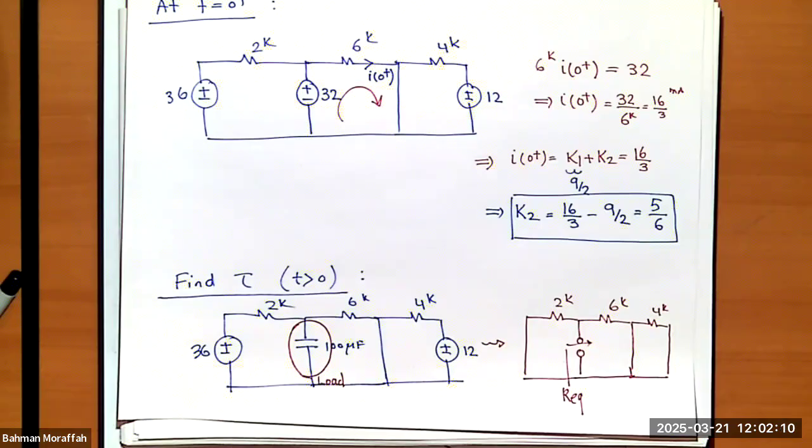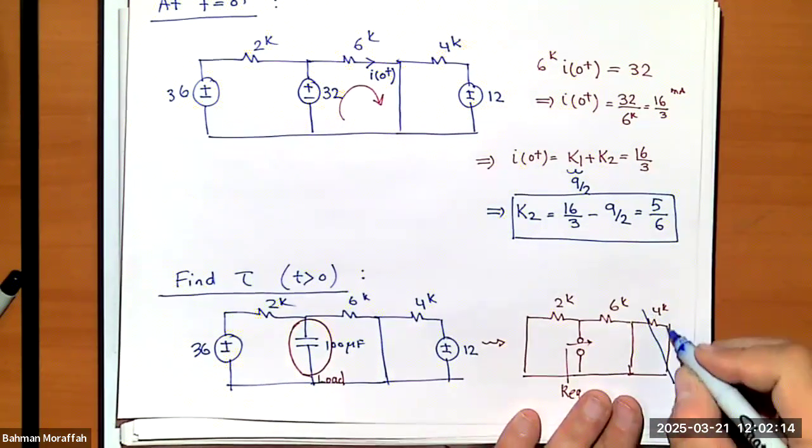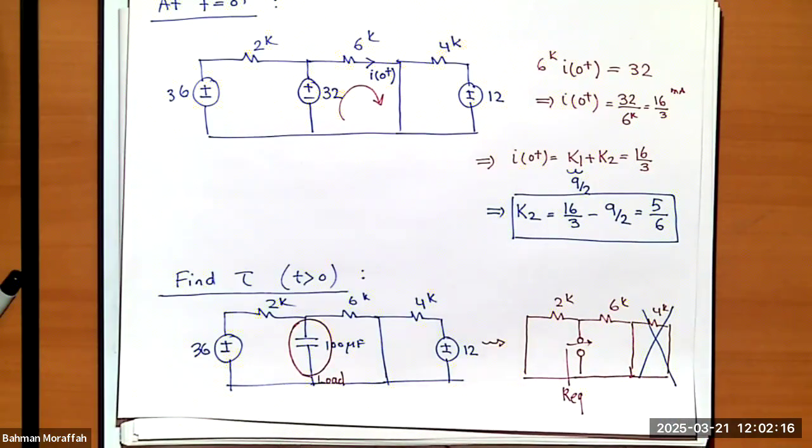Do you agree this 4K is gone? Why? It's in parallel with the wire. So it's gone. So my circuit is only this portion of it.